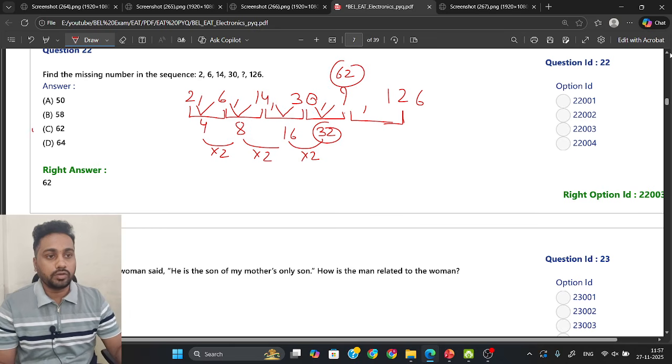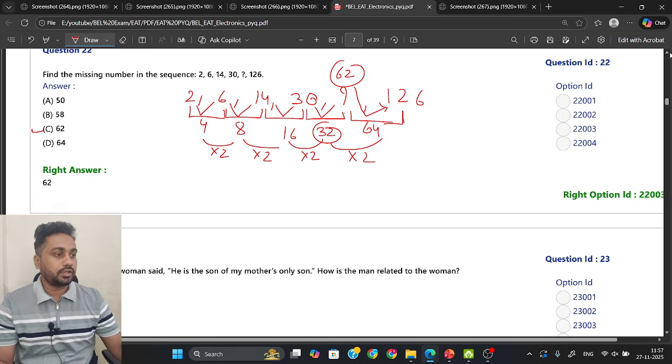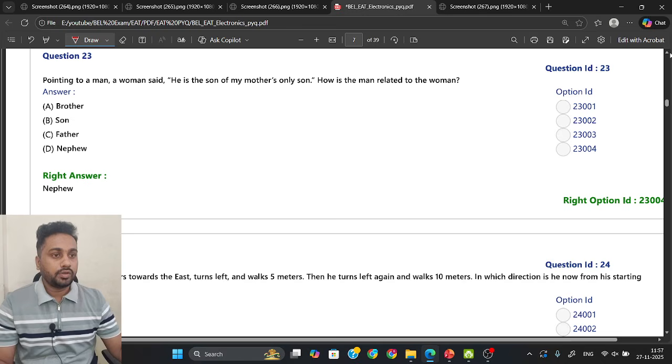So the answer will be 62. Option C is your right answer. Same thing you can check here also. 32 into 2 is how much? 64. So if you do 62 plus 64, you will get 126. Correct? So option C is your right answer.